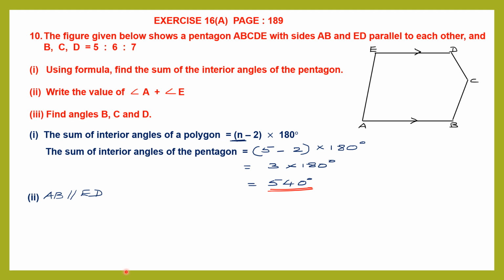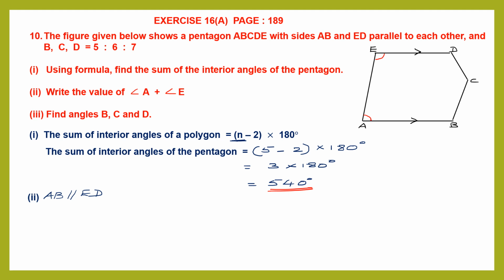Now we know the properties of parallel lines, and here this line AE can be taken as a transversal of these two parallel lines. We have learned the properties of parallel lines, isn't it? And we know when a line cuts two parallel lines, that line is called a transversal. And when a transversal cuts two parallel lines, angles are formed. So here, there's an angle formed here and an angle formed here.